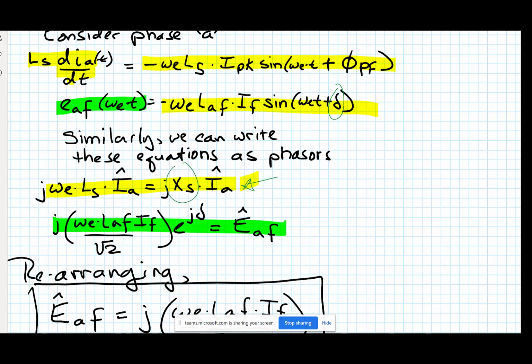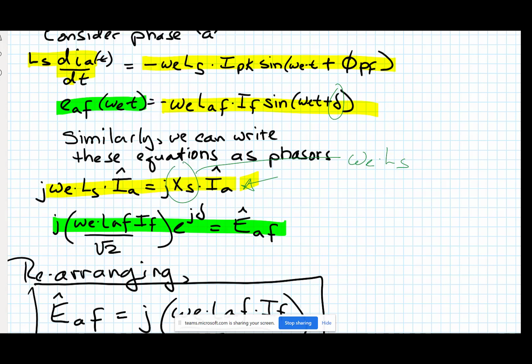And this now is omega E, the electrical frequency, times the synchronous inductance.